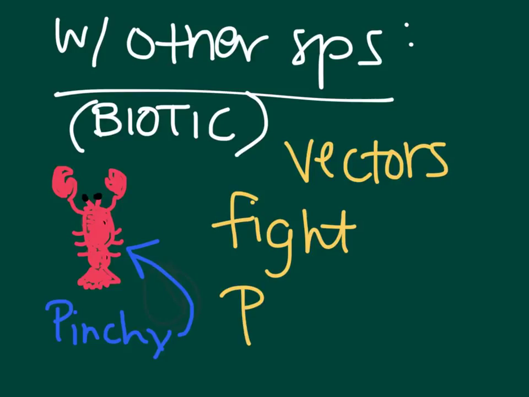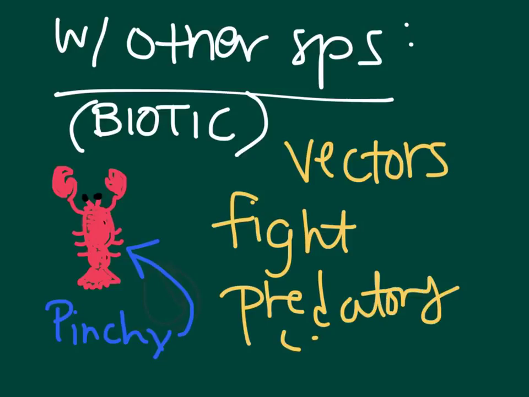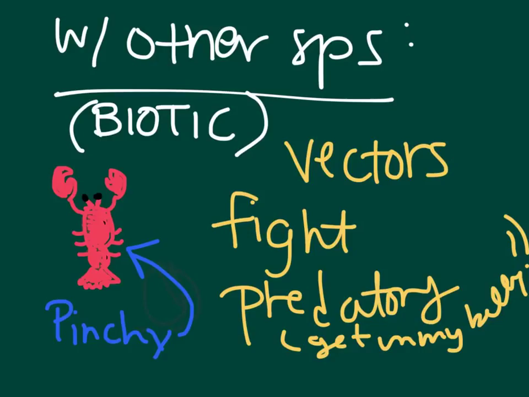It could be predatory. They could compete. Bodily fluids. Does that count? Inasmuch as disease vectors, yeah. They could reproduce with each other.